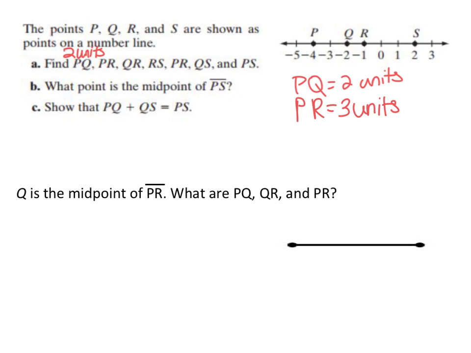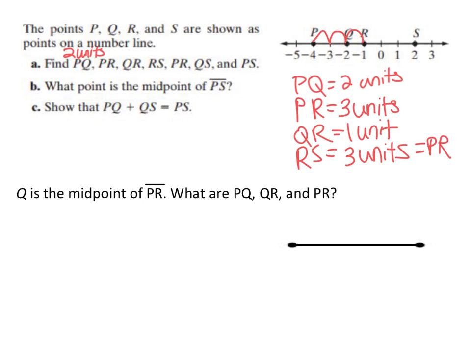QR goes up 1. So QR is 1 unit. RS, 1, 2, 3. So RS is 3 units. PR, 1, 2, 3. So PR is also 3 units. I'm just going to write this there to save some room.